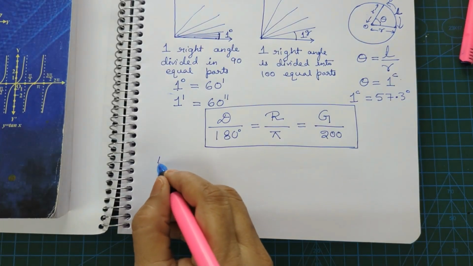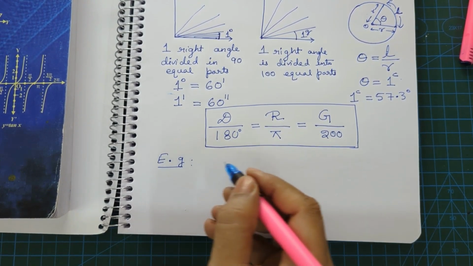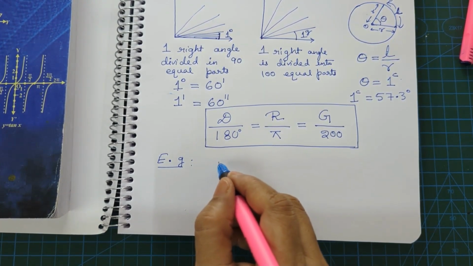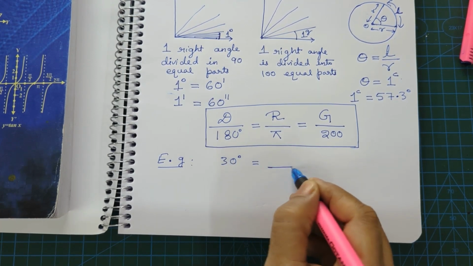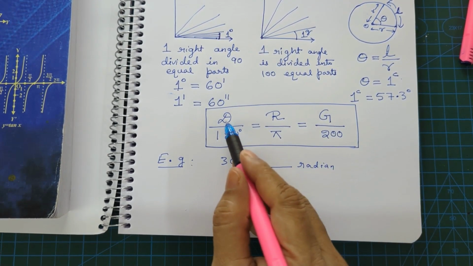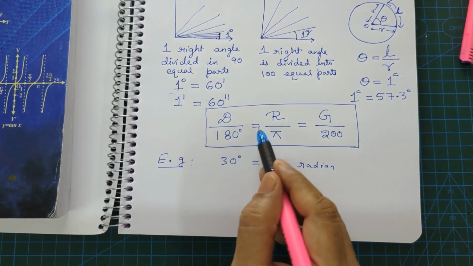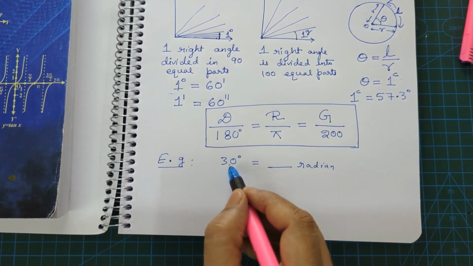Now let's take an example to understand how to convert degrees to radians or radians to degrees. 30 degrees, for example, is how many radians? For that, we will use the ratio degree by 180 is equal to radian by pi. In place of degree, we will write 30.